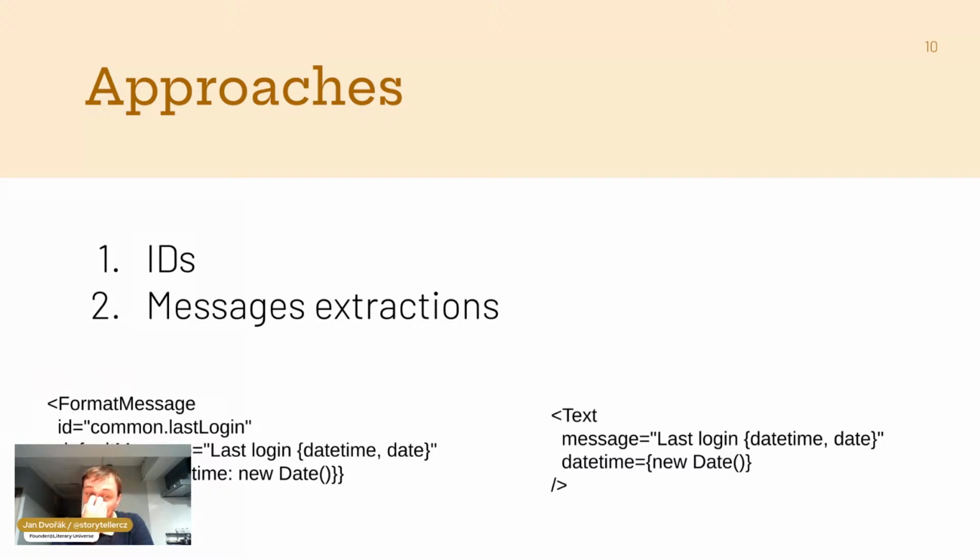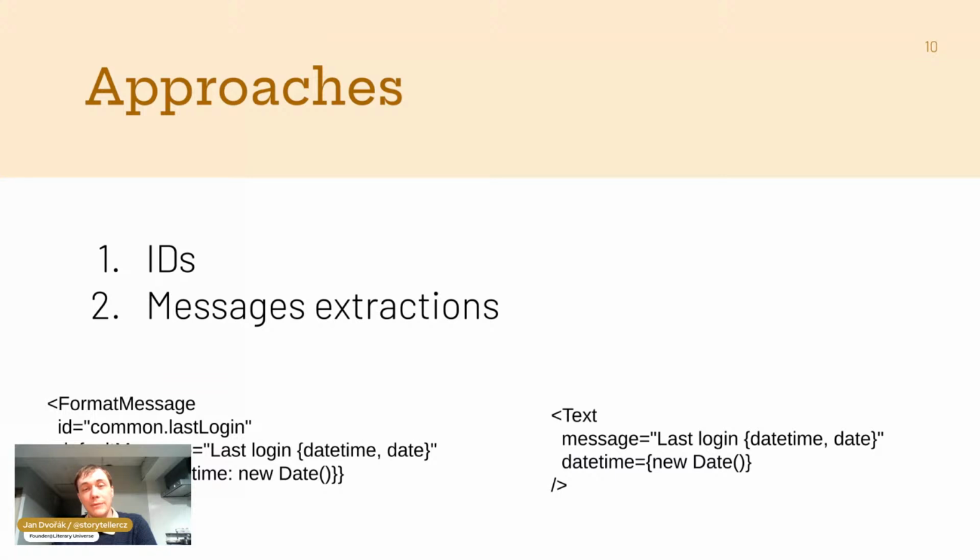One is that you put in an ID, as we see here. You have the ID, and then beneath that you define, for example, a default message, but usually those are defined in their own files.